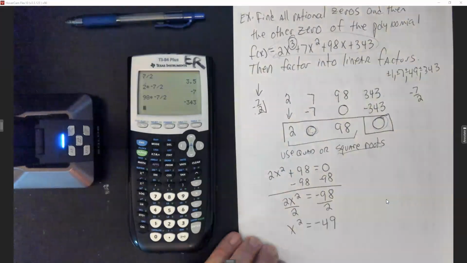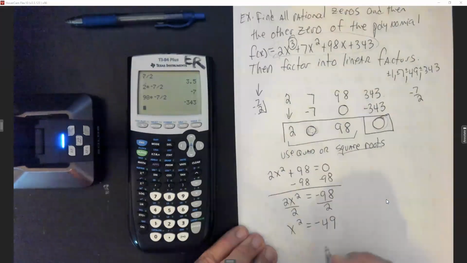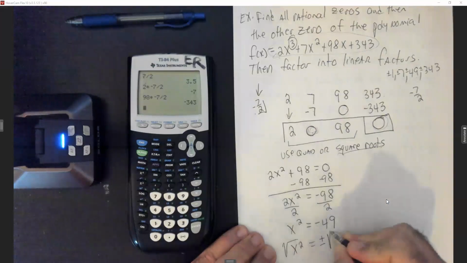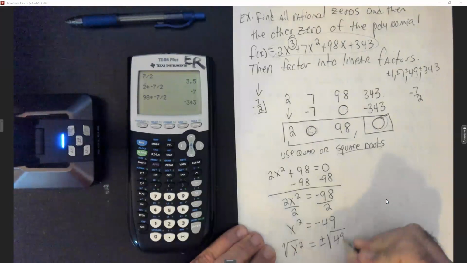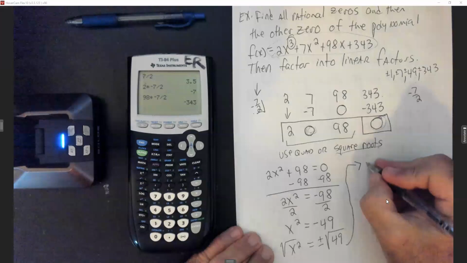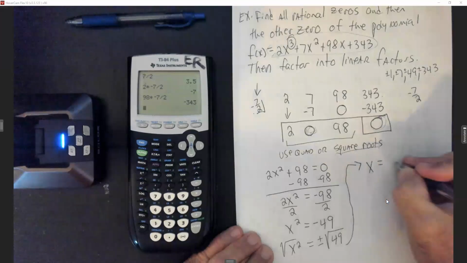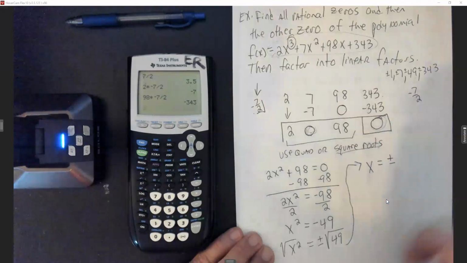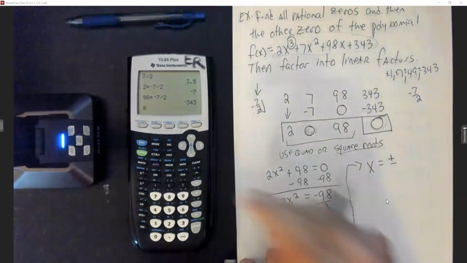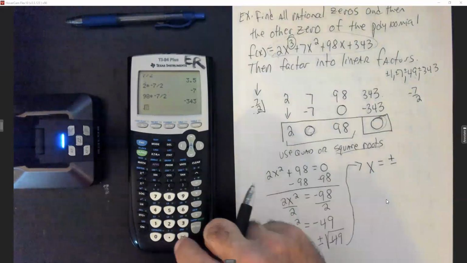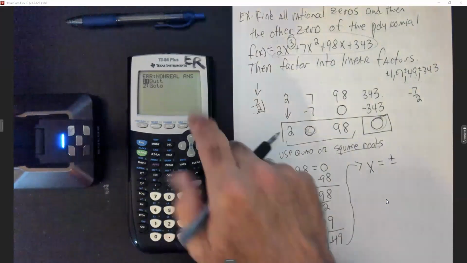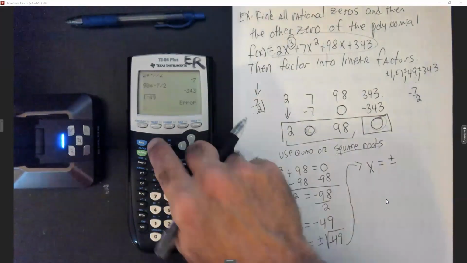All right, y'all, to get these last 2 zeros, we're going to come in and take a square root of both sides. So this side will be plus or minus square root of 49. Square root of x squared is an x. That's going to equal plus or minus square root. Whoops, I had a negative 49 under there. Square root of a negative 49. If you get a non-real answer, watch this to fix that. Go to mode.